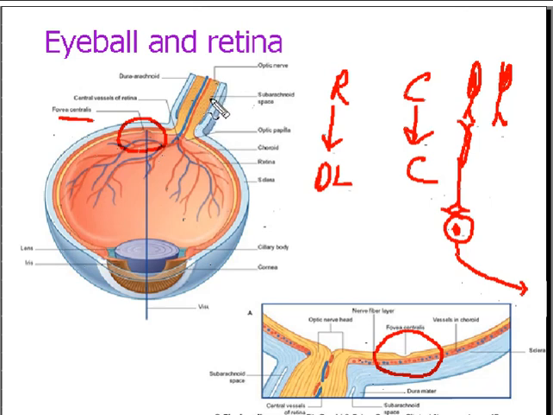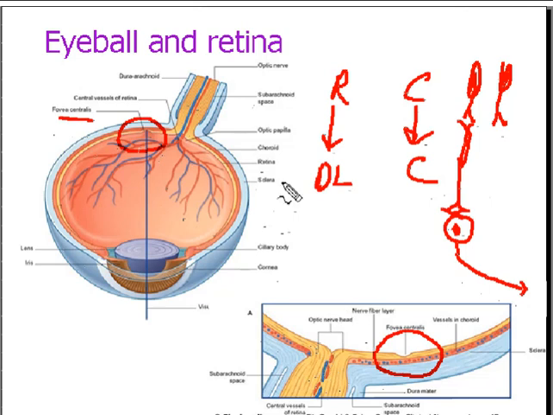Now let's look a little bit more in detail at the eyeball, and especially this area of the optic nerve. These are the axons which form the optic nerve. This area where the optic nerve leaves the eyeball is known as the optic disc, or also called the optic papilla.